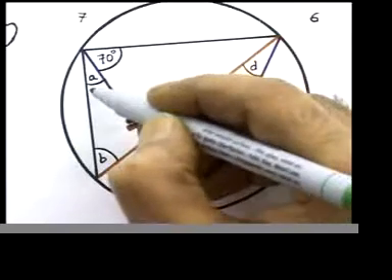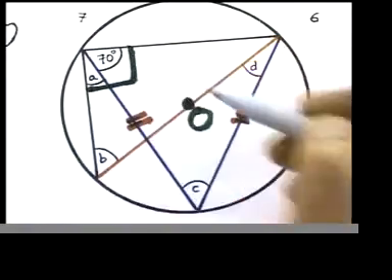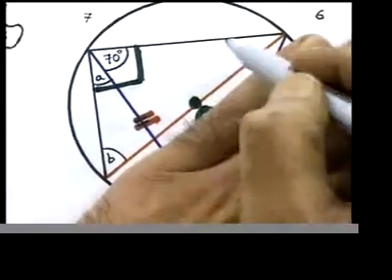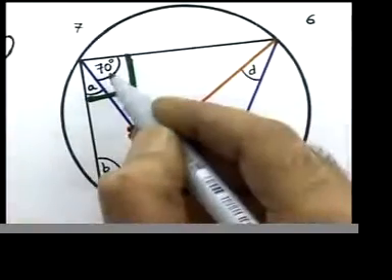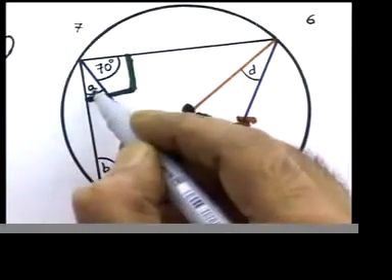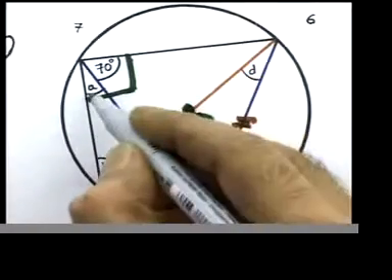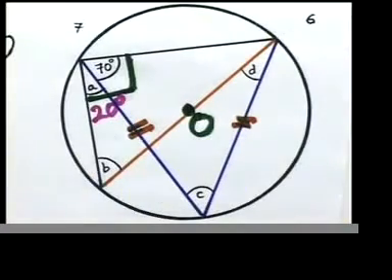So what do you think of that complete angle there, that full angle there? That should be a 90 because angle in a semicircle is 90. So if that's a 70, what do you expect A to be? Come on, that's a 70, so A should be a 20, right? So we got A as 20.